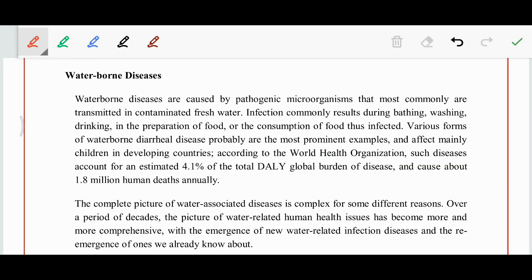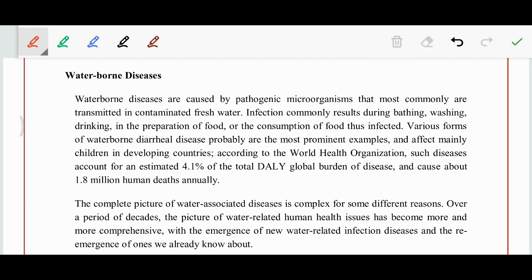Next we'll try to understand waterborne diseases. Waterborne diseases are caused by pathogenic microorganisms. They commonly infect during bathing, washing, or by consuming this contaminated water.